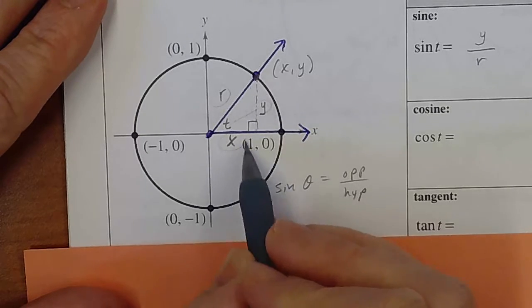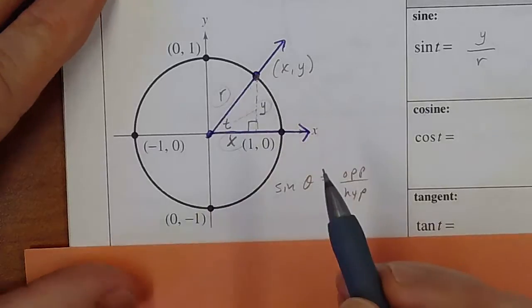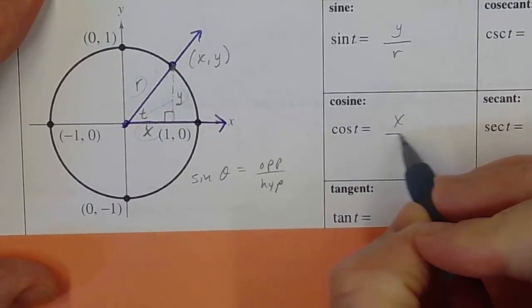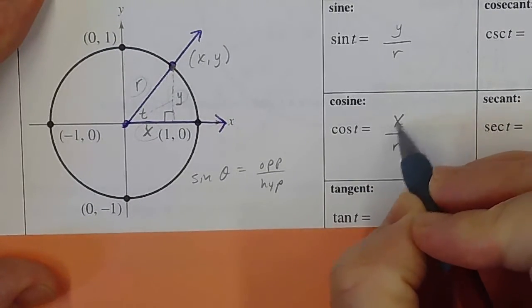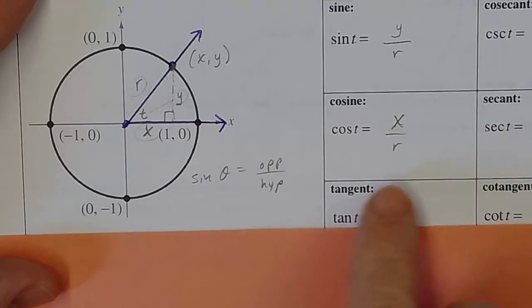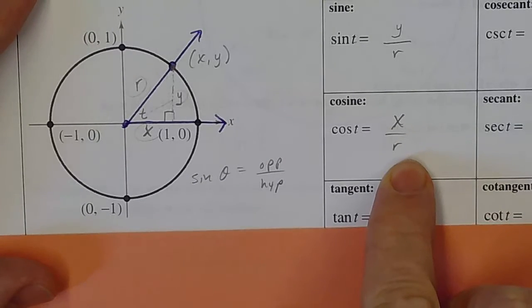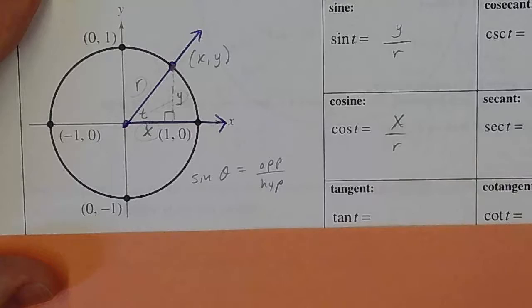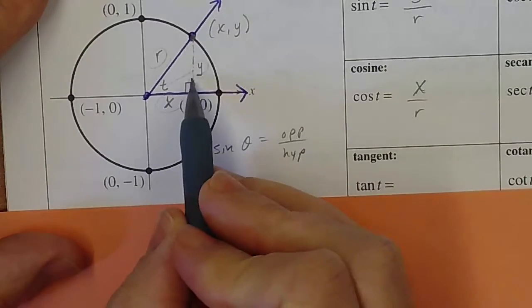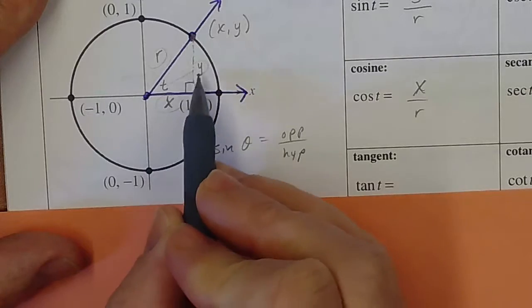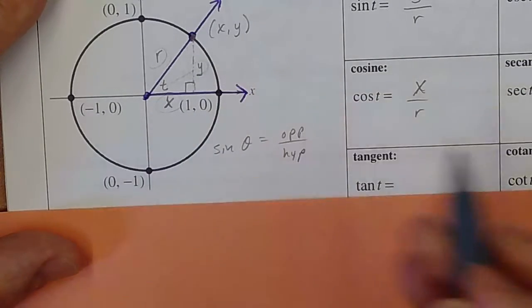So it's x over r. Okay, so write that in for our cosine of angle t definition. And then tangent, if you recall, the last part of SOHCAHTOA, is opposite over adjacent. So that would be y over x.